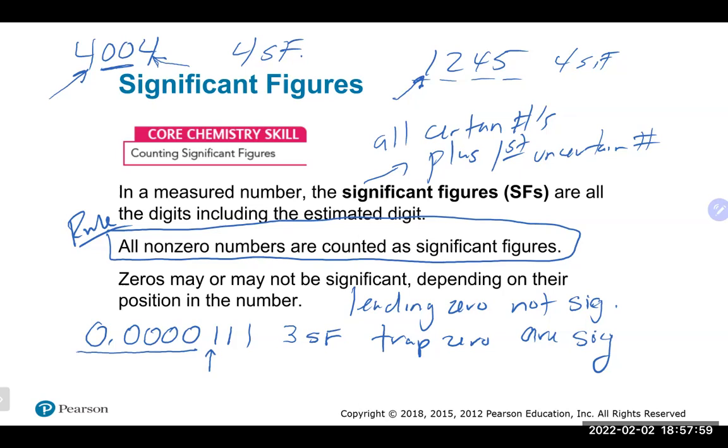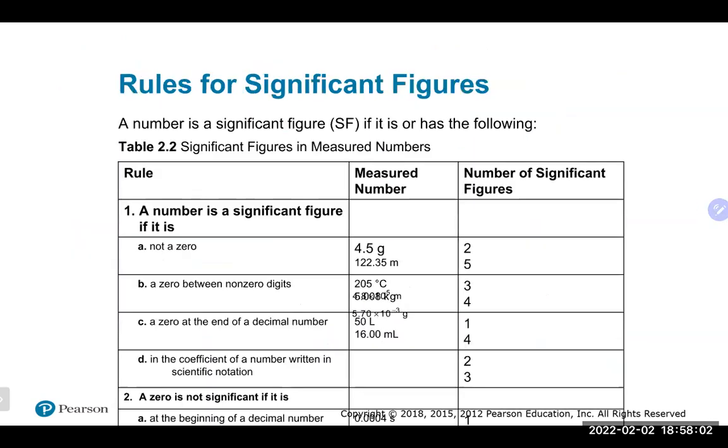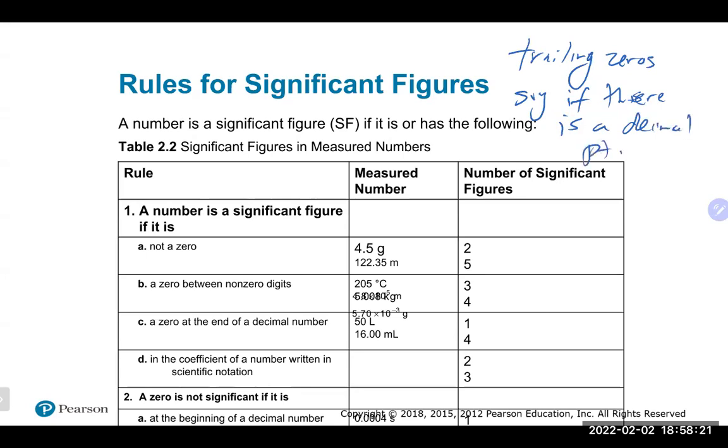What makes a trailing zero significant is, trailing zeros are significant if there is a decimal point in the number. So zeros at the end will be significant if there's a decimal point in the number.